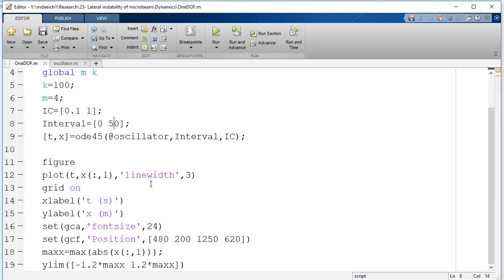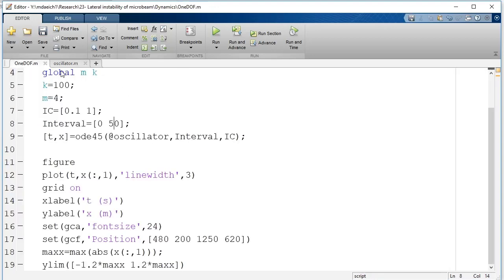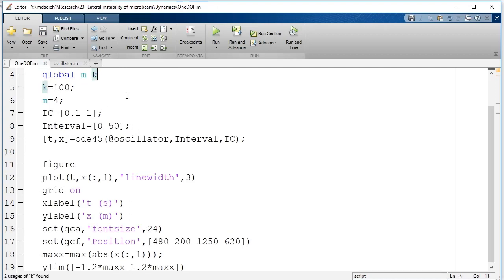So if I go to the function and say this is minus c times x2. I have to also define c as a global parameter, and then go back here and have c as a global parameter here, k and c.